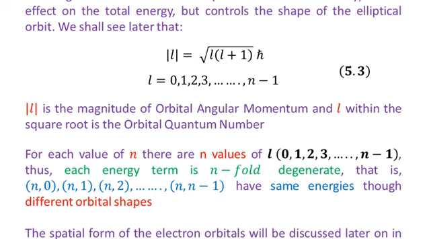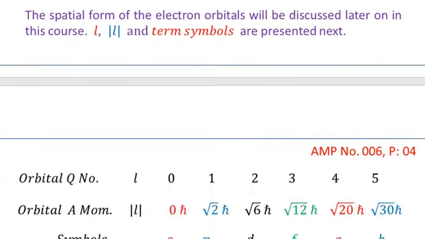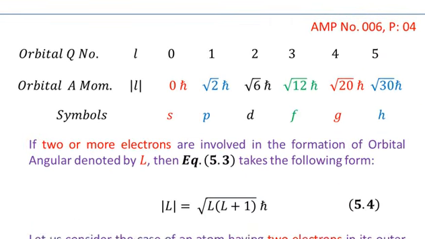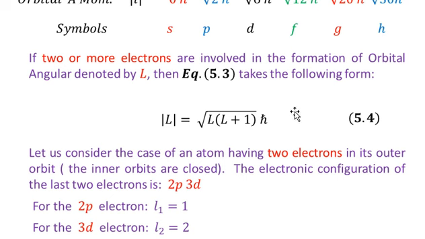But if two or more electrons are involved, then of course the values will be represented by capital alphabets. So here, for example, in equation number 5.4, capital |L| on the left hand side is related to the capital L on the right hand side, that is square root of L(L+1) times h bar.